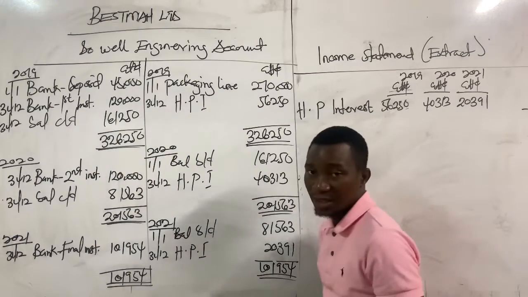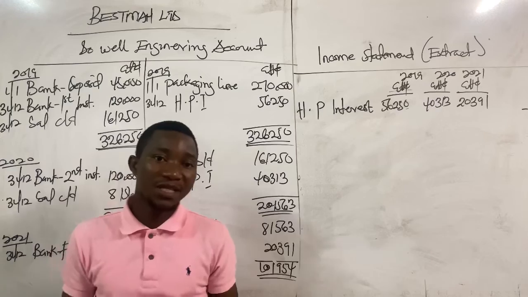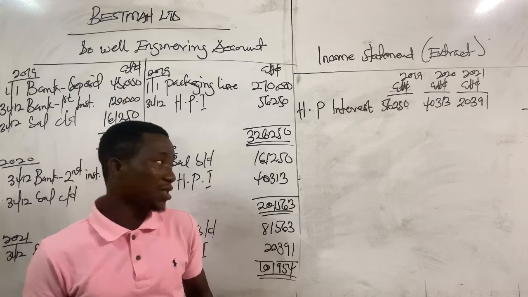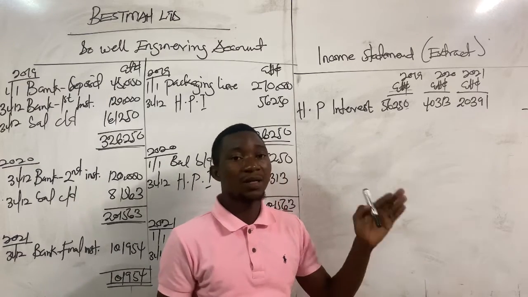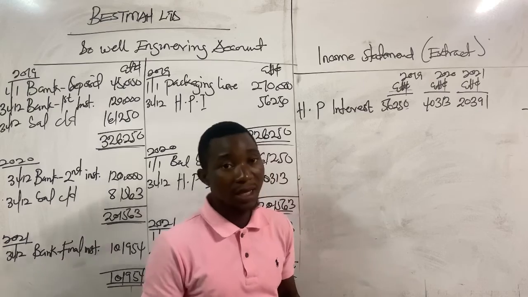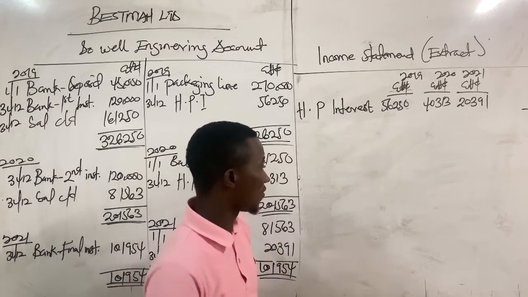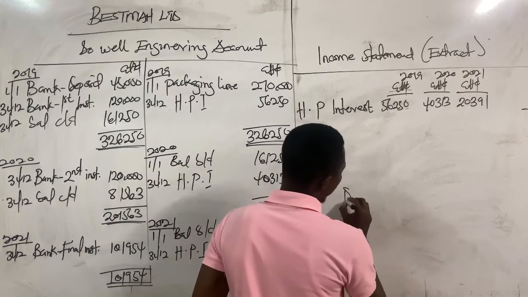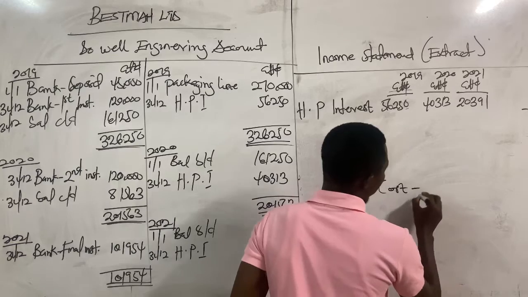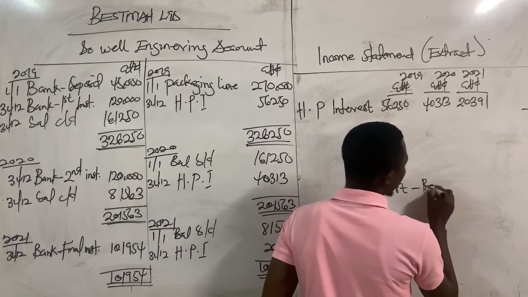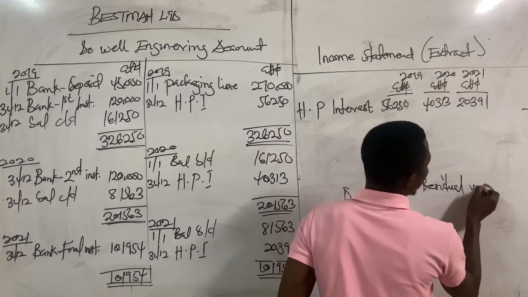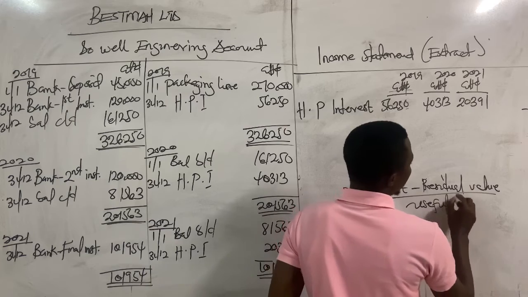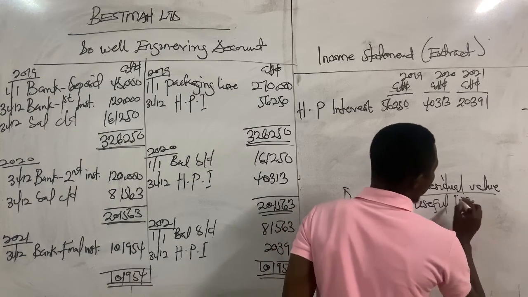But also remember that there is a depreciation policy, and depreciation is also an expense. So we have to debit it to the income statement. The useful life of the asset, which is the packaging line, is 10 years, okay? And the cost of the asset is 270. So depreciation is cost minus residual value over the estimated useful life.